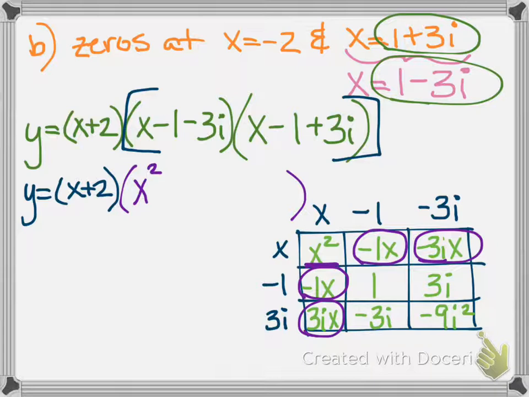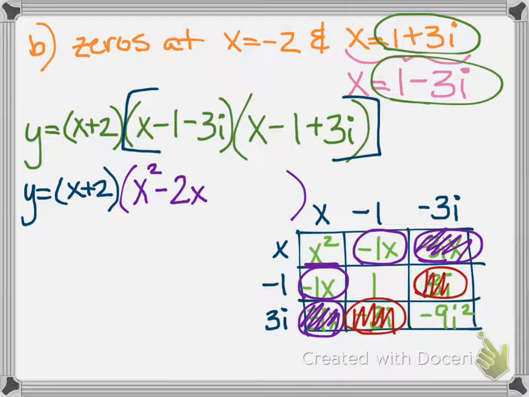Well, my positive 3ix and my negative 3ix cancel, leaving me with just negative 1x and negative 1x, which is negative 2x. Okay, so continuing, I see this positive 3i and negative 3i. That's nice. They go away.